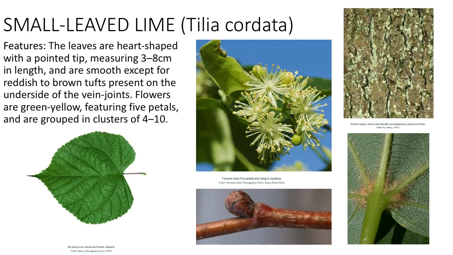So this is a large deciduous tree and it has the capacity to exceed 20 metres in height, so quite large. Its bark has a grey to brown hue and it has a smooth texture which evolves into flaky plates as it ages, as you can see in the top right photo.